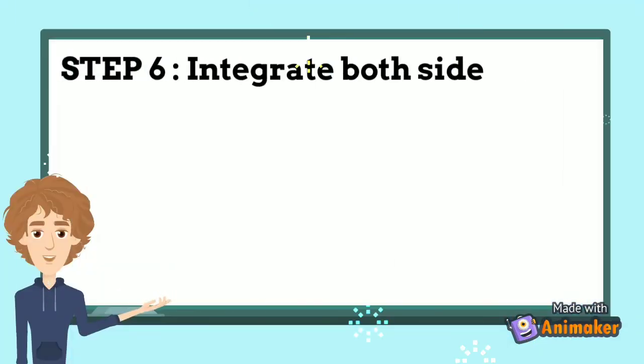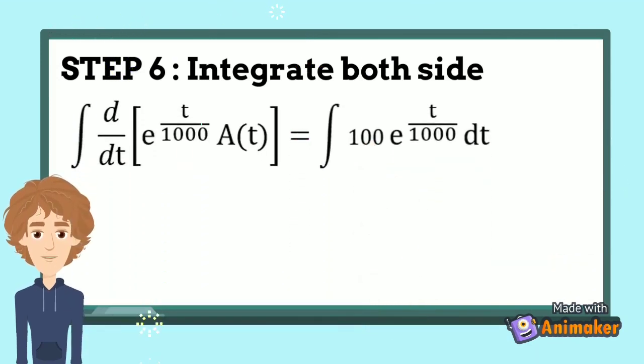Step 6. Integrate both sides. The integral of the time derivative of e to the power of t over 1000 times A(t) equals the integral of 100 times e to the power of t over 1000 dt.